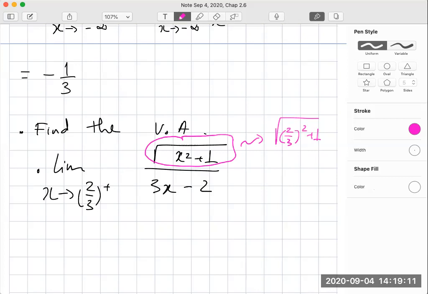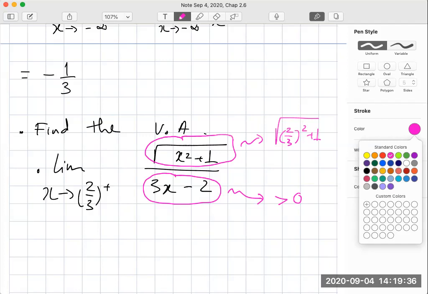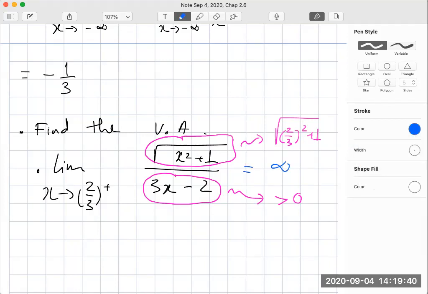And here, the denominator, when x approaches 2/3 from the right side, this guy is always larger than 0, right? So a constant here divided by 0. Therefore, this guy should approach infinity, right?